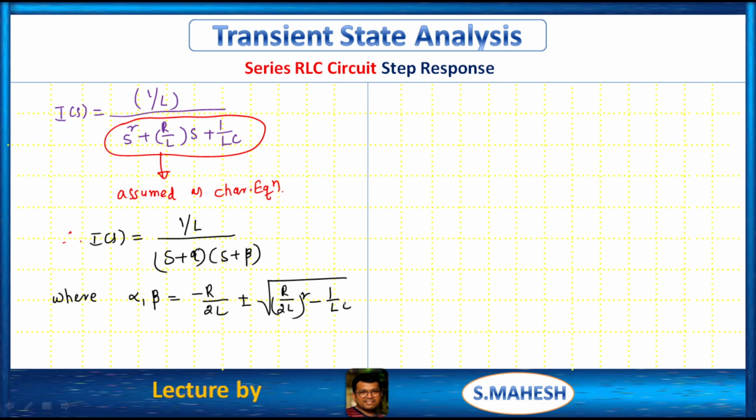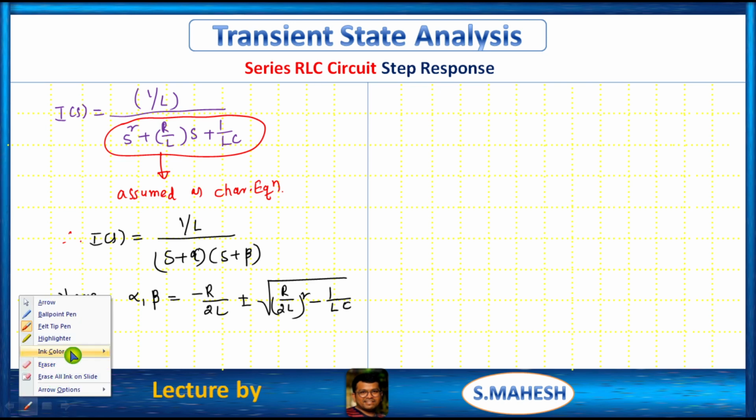So based upon this we will get different values of alpha and beta, because R by 2L is fixed, but if R by 2L whole square is more than 1 by LC, we are having one value. If it is equal to 1 by LC, we are having another value. If it is less than 1 by LC, we are having another value.